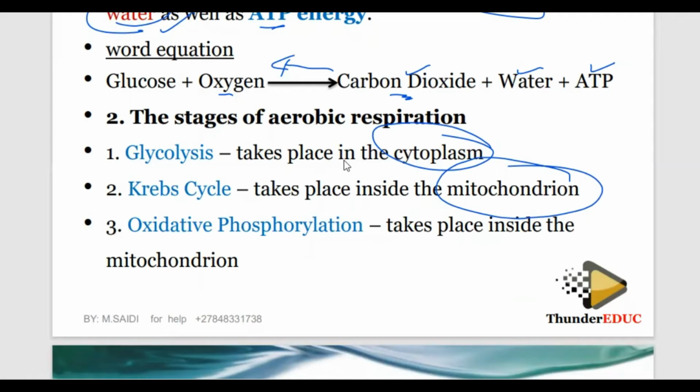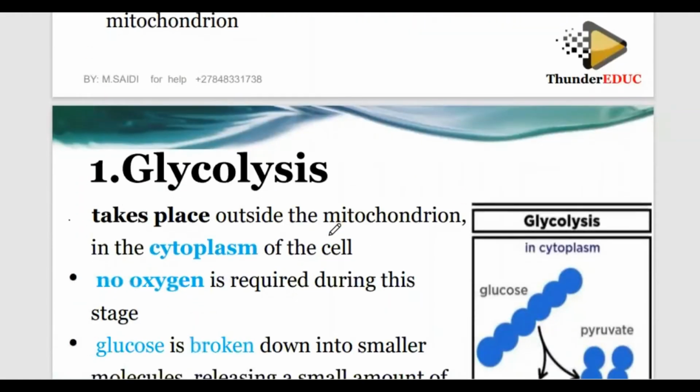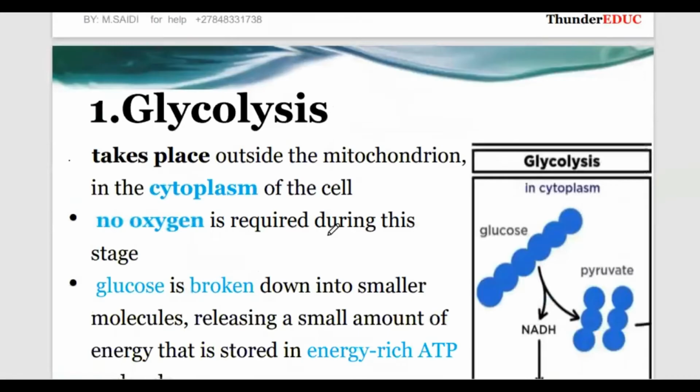And then oxidative phosphorylation takes place in the mitochondrion still. That's why I say that the first stage, glycolysis, occurs in the cytoplasm, while the other stages, Krebs cycle and oxidative phosphorylation, occur in the mitochondrion.